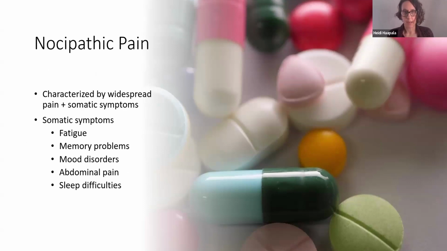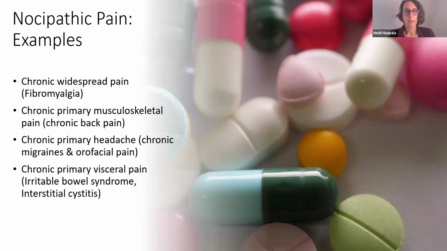So with nocipathic pain, there are pretty classic symptoms where you have pain in multiple parts of the body, or what we call widespread pain, plus somatic symptoms. And somatic symptoms are things like fatigue, memory problems, mood disorders, abdominal pain, or difficulties with sleep.